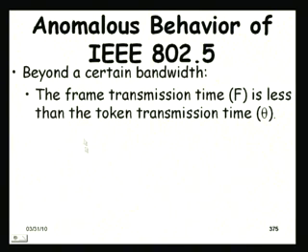So, the idea is that if we analyze the 802.5, we will see that there are two components there. One is the frame transmission time and the other is the token propagation time. So, theta is the token propagation time and f is the frame transmission time. So, the time to transmit a frame is the maximum of f and theta.